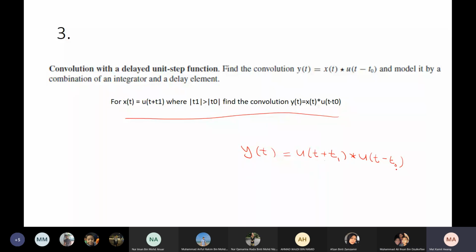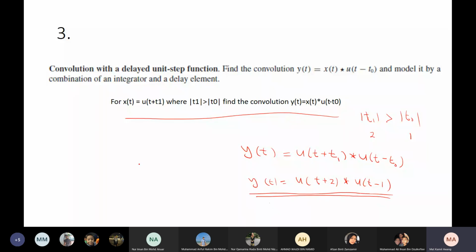One delay, one advance, where t1 is greater than t naught. Maybe the magnitude of t1, let's say, is 1. So it becomes u(t plus 2) convolve with u(t minus 1). So try to do this example on your own.